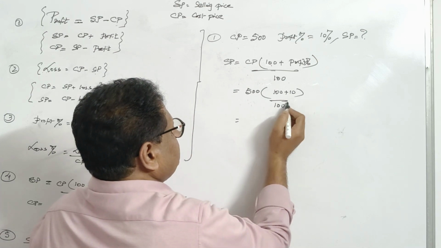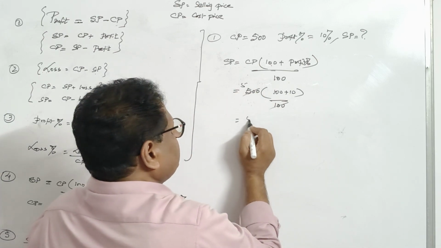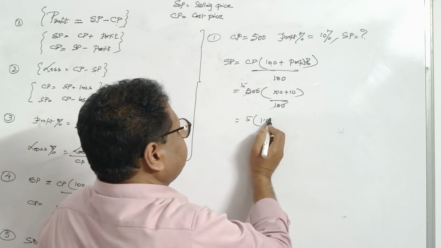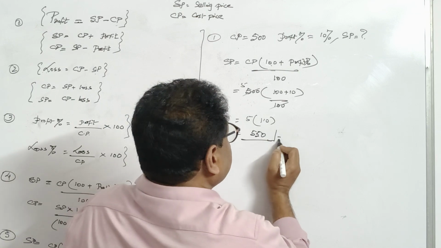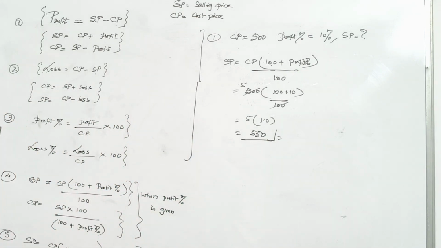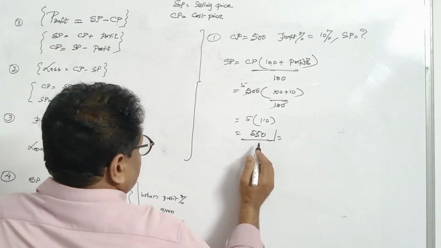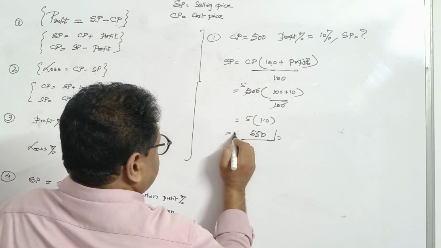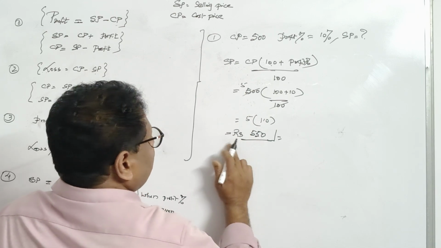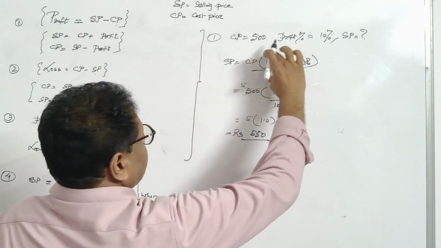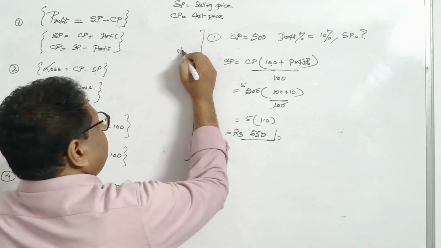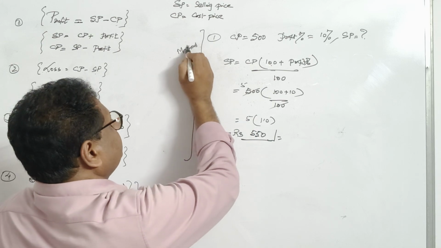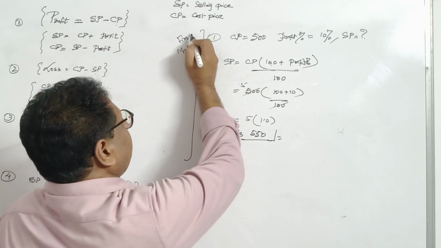So this equals, it can cancel 5 times, so 5 times 110, that is 550. So this is the selling price. To do by this method, you have to be thorough with this. But there is a second method. This is the first method.